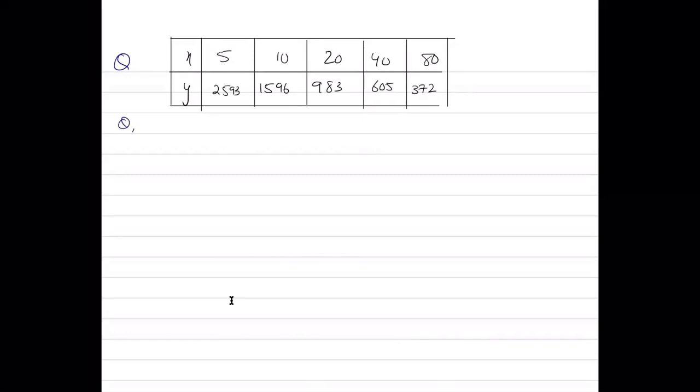So the question is that the table shows experimental values of the two variables x and y.